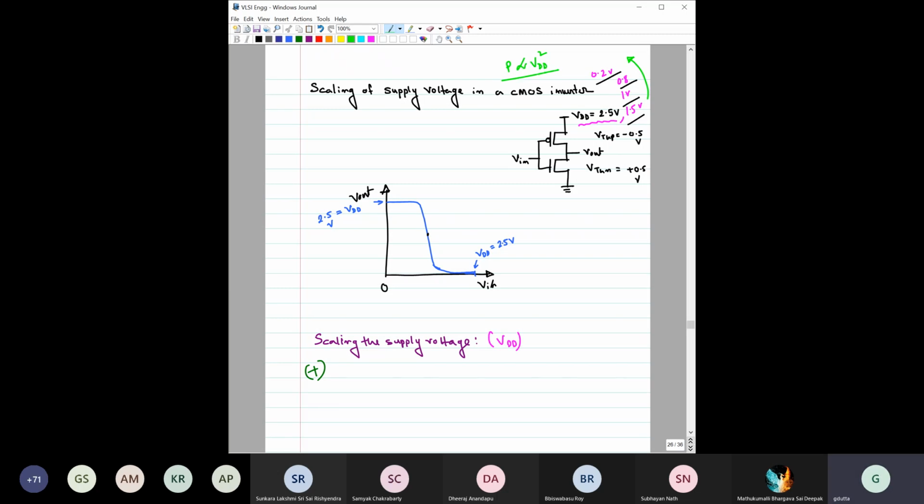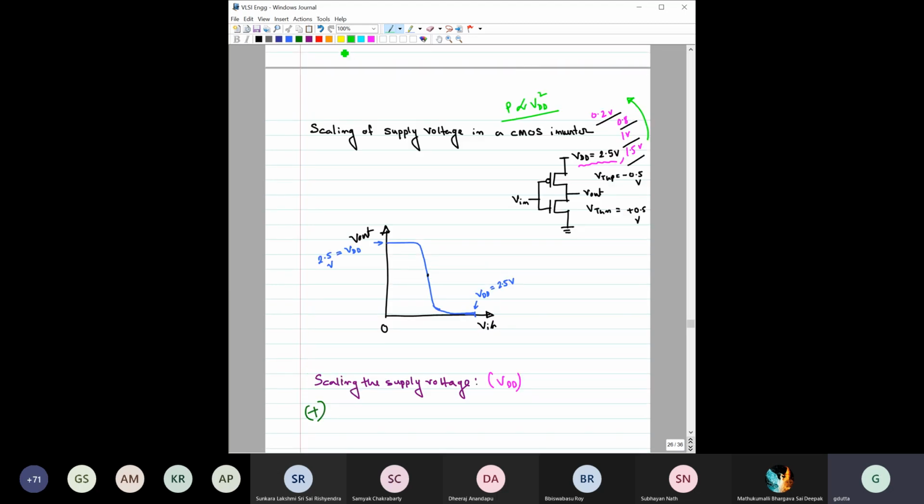So that is one of the driving motivations why we should try to reduce the VDD. One more thing is that as you scale down your device, suppose earlier this was the transistor, right?